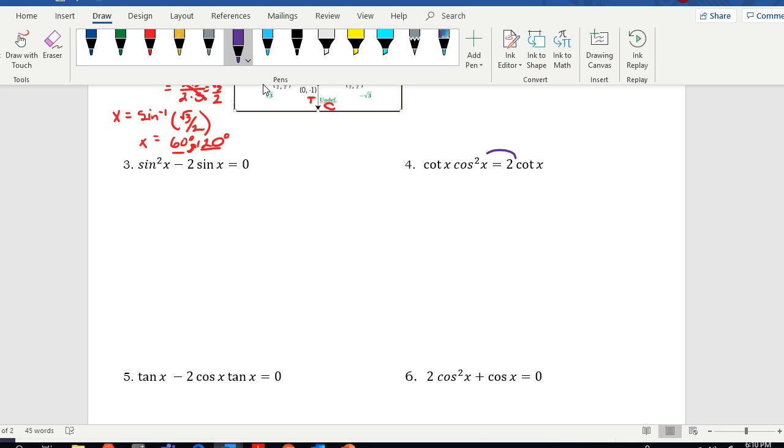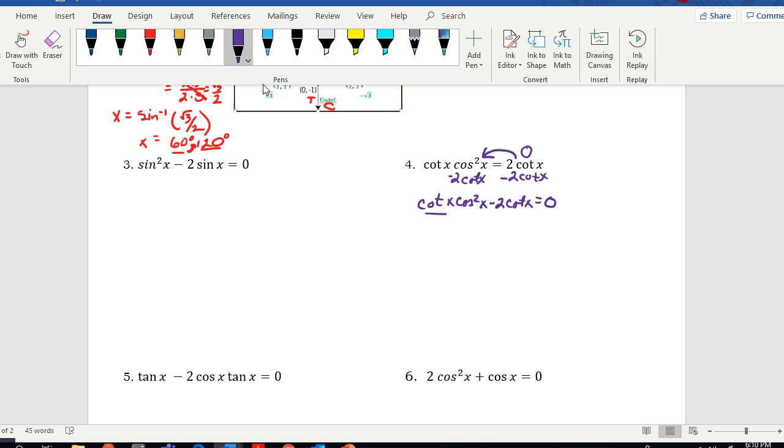First thing I'm going to do is I'm going to get this over here. I want to pull the smallest side over to the other side, and I want to be able to factor that out. I need this to go to 0, so I'm going to subtract 2 cotangent x. Now, what that's going to leave me on this side, and I'm going to take my time, cotangent x cosine squared x minus 2 cotangent x equals 0.